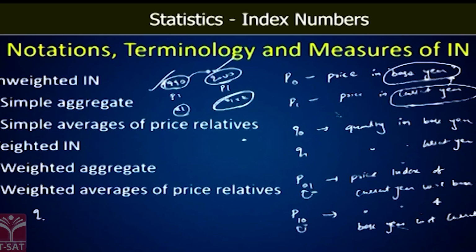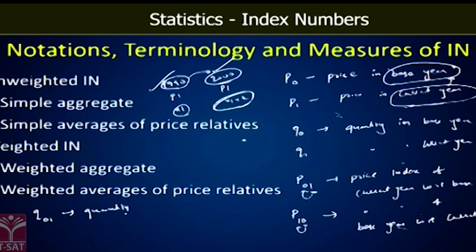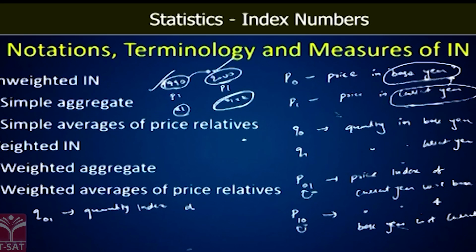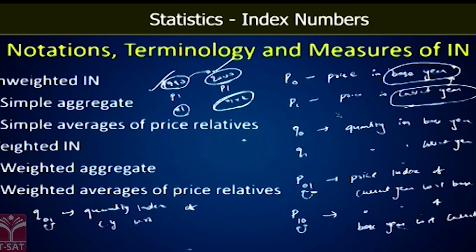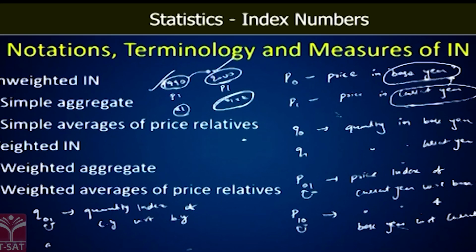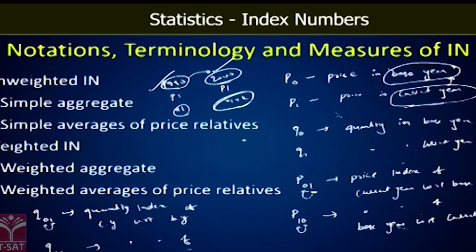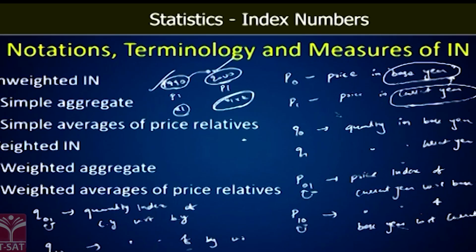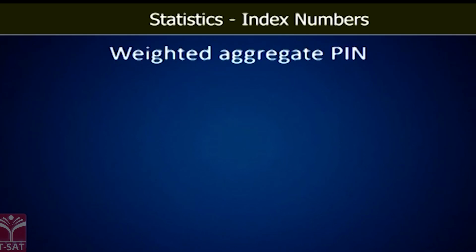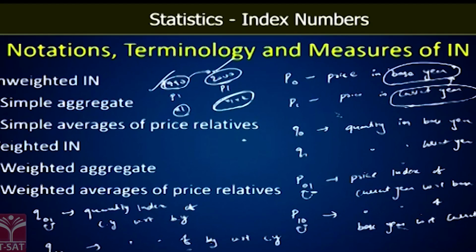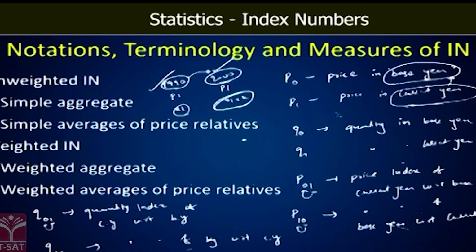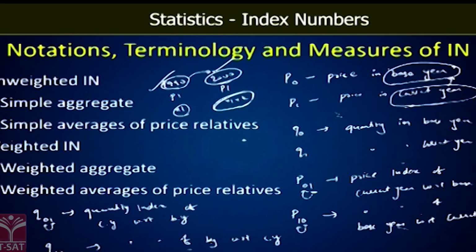In the same way, Q01 is the quantity index of the current year with respect to the base year, and Q10 is the quantity index of the base year with respect to the current year. The notation is very important: 0 1, 1 0, 0 1, 1 0.